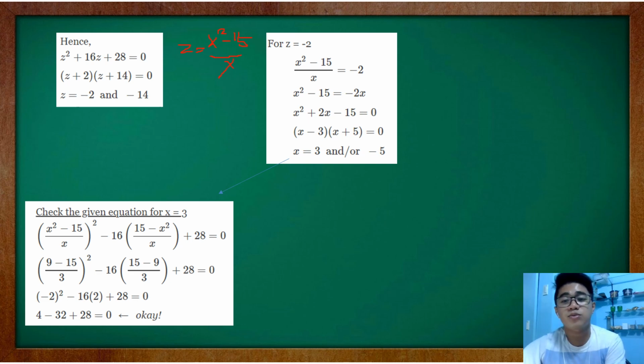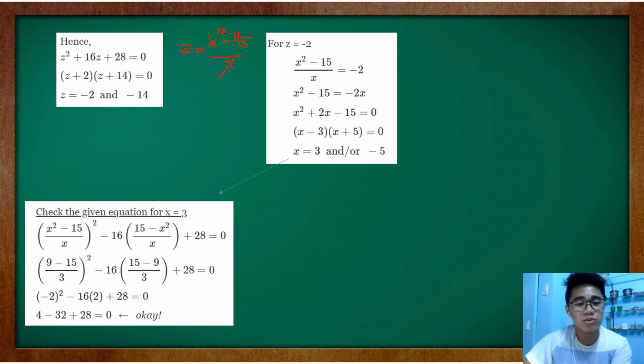So, sinubstitute muna natin siya sa z equation para makuha natin yung x. Now, magkakuha natin ng x, yung value na x na na-solve natin, yun yung isa-substitute natin to the original equation. So, yung original equation natin is x squared minus 15 over x to the power of 2 minus 16 quantity 15 minus x squared over x plus 28.